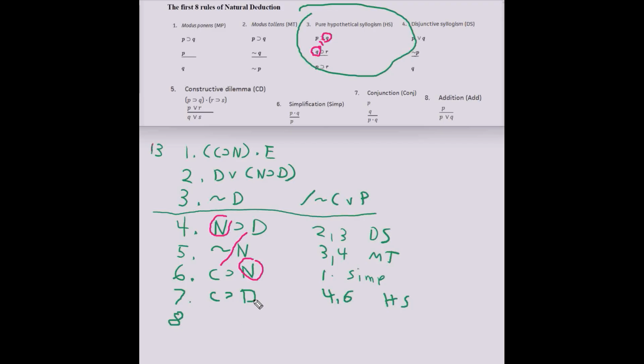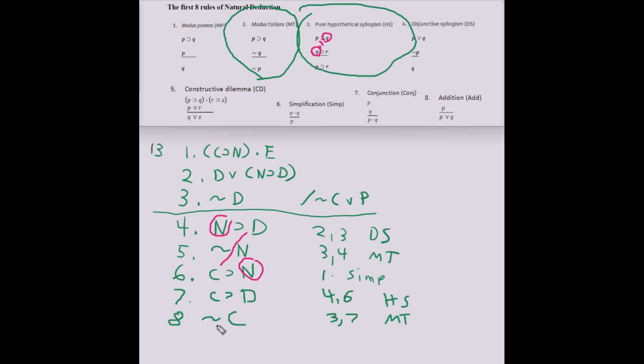So now I have if C then D. Why would that be useful for me? Well, I can prove not D, or not D is already given as one of the premises here. And if not D, then not C is going to follow. That's just the rule modus tollens. So that's going to be line 3 and line 7, and the rule is going to be modus tollens.